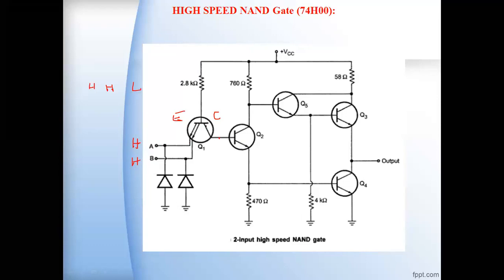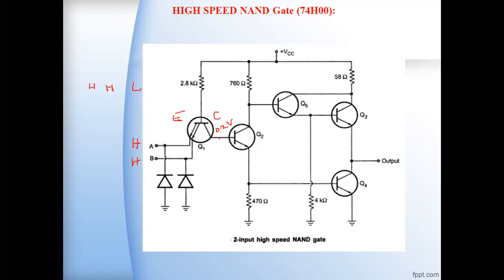The collector junction is also reverse biased, because it cannot be forced to the on state while the emitter junction is off. So there may be a very low voltage, in the order of 0.2 volt. This 0.2 volt is insufficient to drive the transistor Q2.